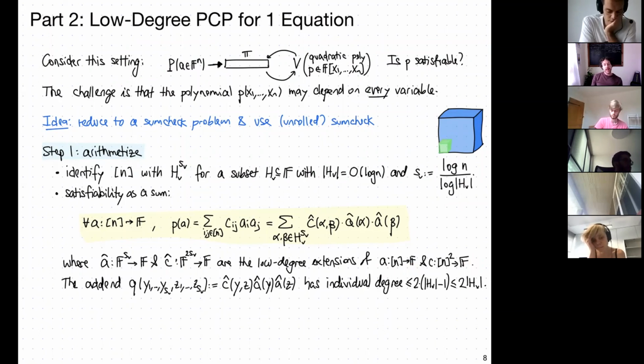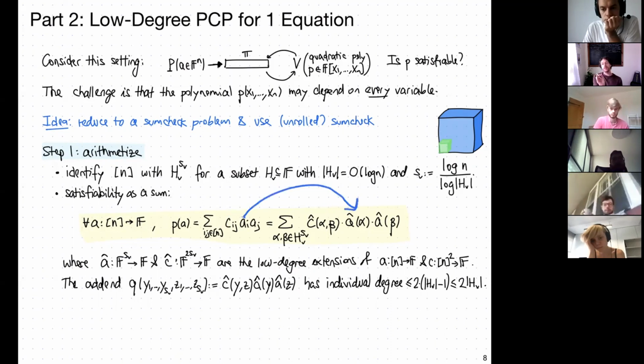Good. And now, what can we say? We have this addend that we'll denote by Q. It's a function of some variables y and some variables z of this form. This is a bit confusing, so let me try to unpack it. The moment that we went from here to here, maybe it's even better to see it with the AIs because you don't have this additional notation.